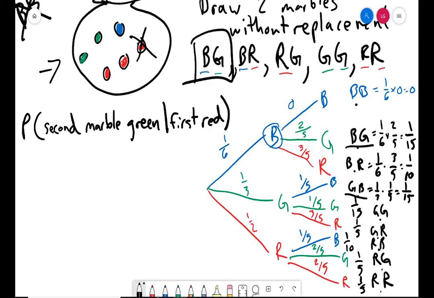And we can find it, in fact, on our work here. We are on that branch, right? Now, the interesting thing is it is not 1/5, right? It's not this number. That's the probability of getting red then green, right? The probability that at the beginning, you haven't drawn any marbles, there's still 6 in there, 1 blue, 2 green, 3 red.